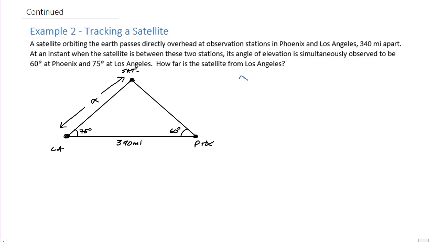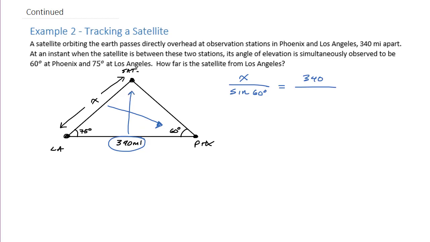So I'm going to start with X because that's what I'm looking for. And I'm going to set it over sine of the angle that's across from it, so sine of 60 degrees. Now for this to work, we need another side and angle that are across from each other. Now we have this side here, 340, but we need to find the angle across from it. And again, that's going to be really easy because if you have two angles in a triangle, you can find the third.